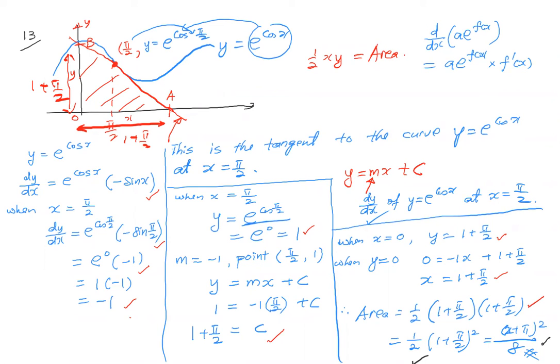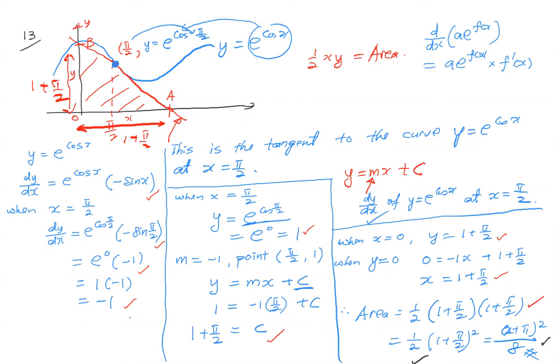Why do you have to substitute? If I don't have a point, how can I find the equation of a tangent? How can I find my c? I want to know the coordinate of this point. When x equals pi by 2, what is y?